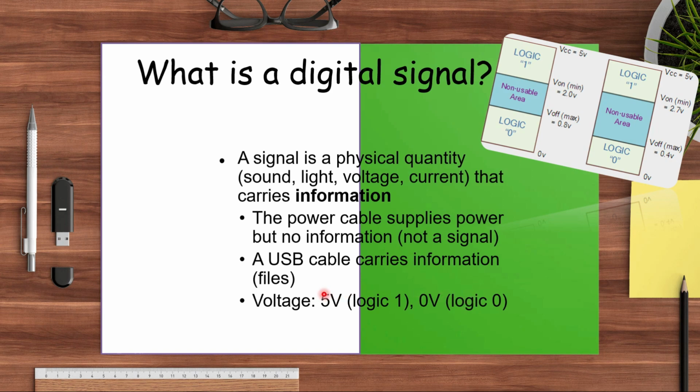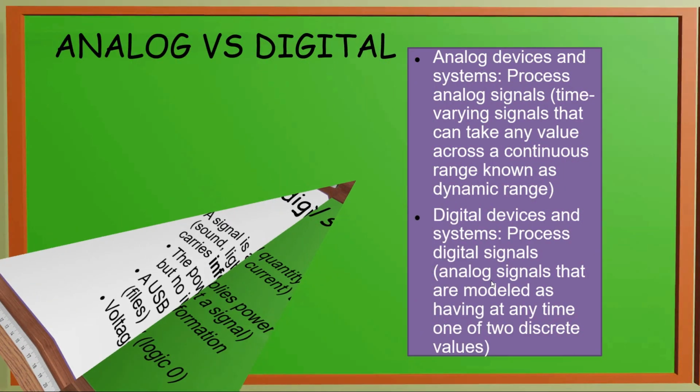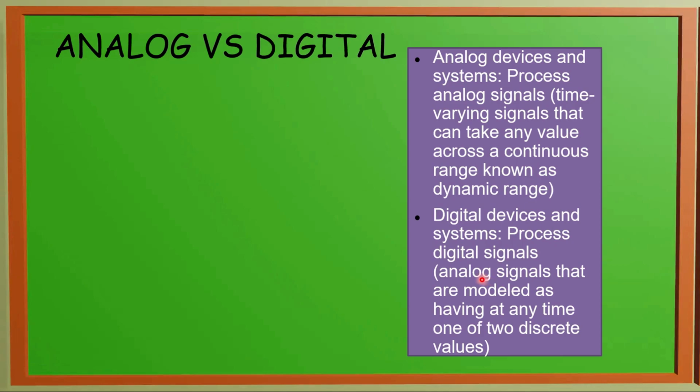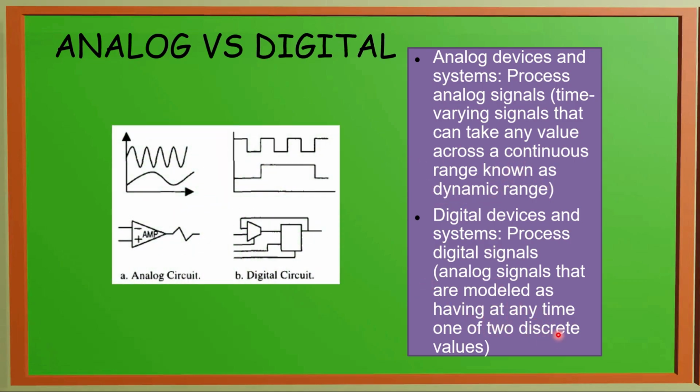In a simple way, we divide signals between zeros and ones only. The entire information will be converted in terms of zeros and 1. So in analog signal processing, we have to remember the continuous range. It is also known as dynamic range because it is continuously changing. But in digital system, we have to remember only two discrete values, either 0 or 1.